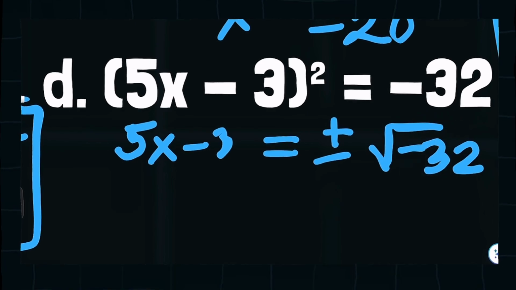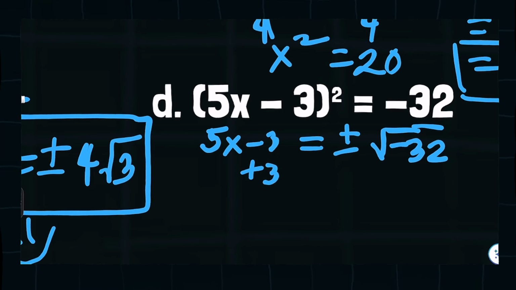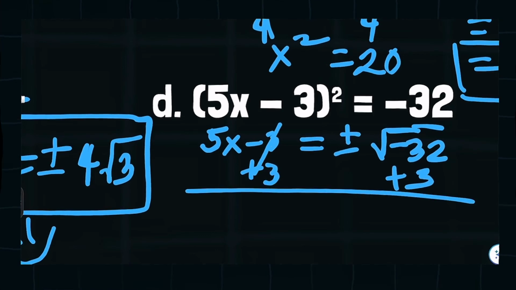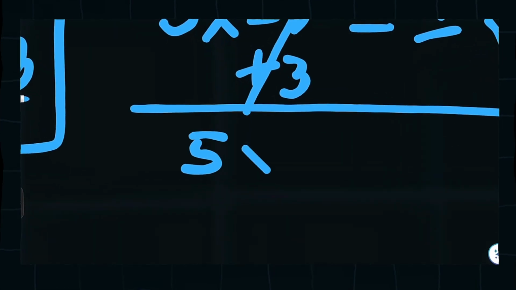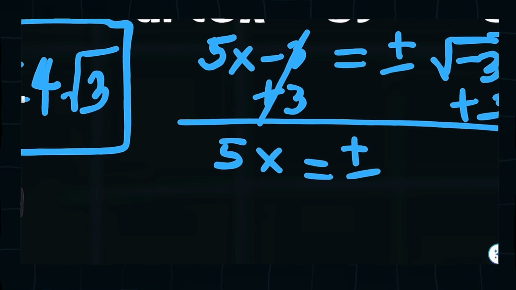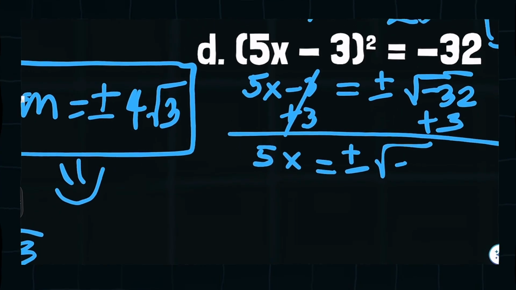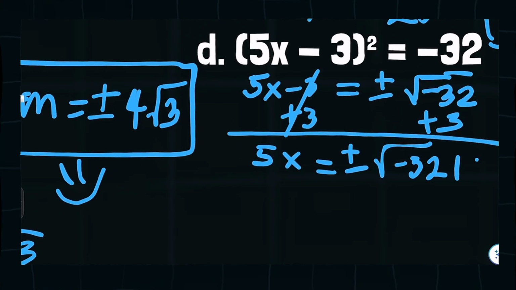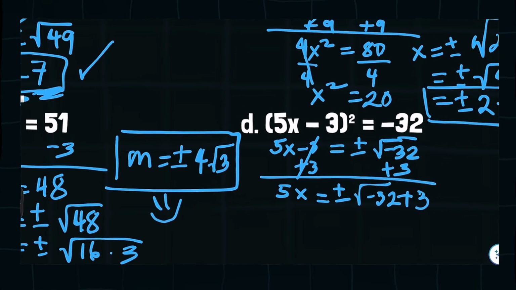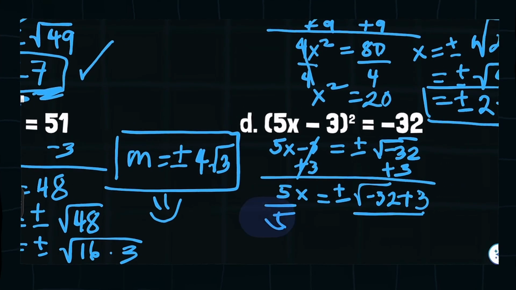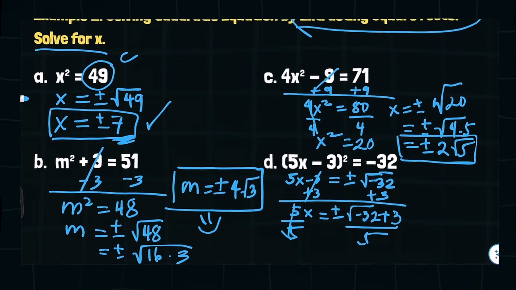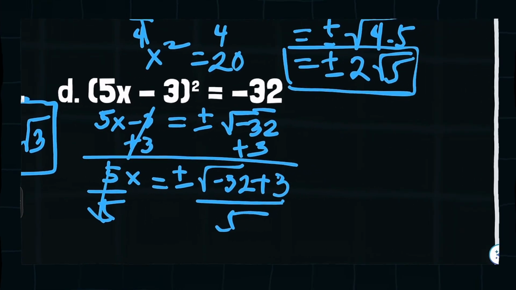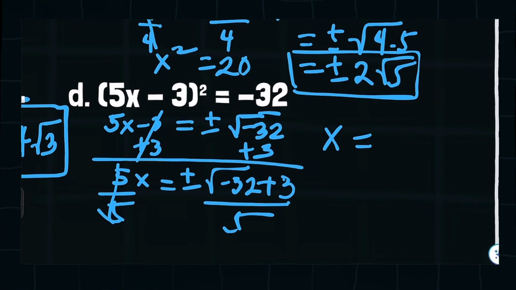Since there is still 3 on the left-hand side, we have to add 3 to both sides to eliminate it. After doing it, the remaining would be 5x equals plus or minus square root of negative 32 plus 3. We have to isolate x here, so we divide both sides by 5, giving us x equals plus or minus square root of negative 32 plus 3 all over 5.